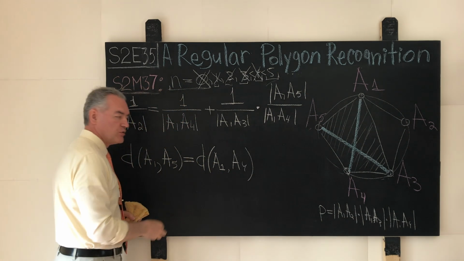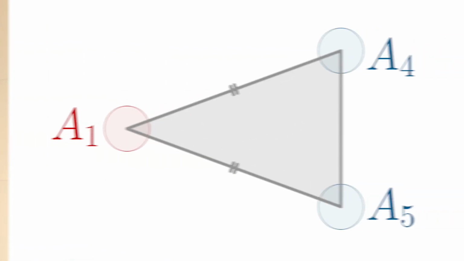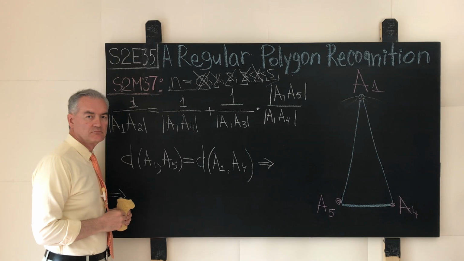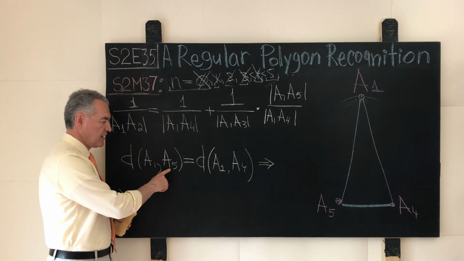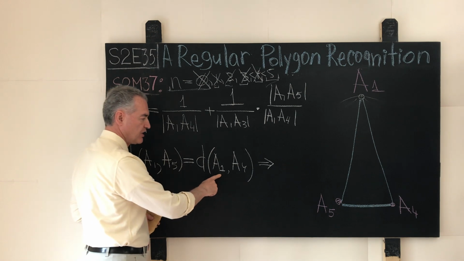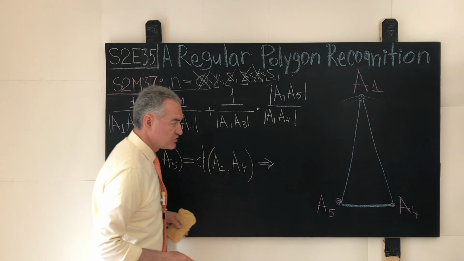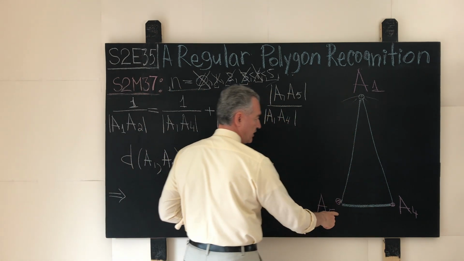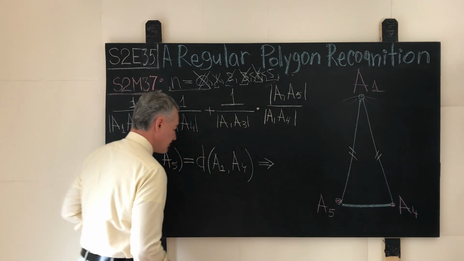And what does that mean? If the distance between the points A1 and A5 and between the points A1 and A4 is one and the same, then that means that the triangle A4, A1, A5 is what? The triangle is isosceles.